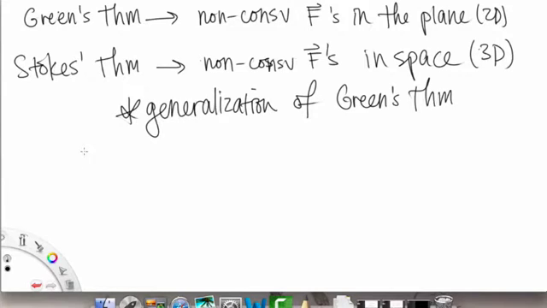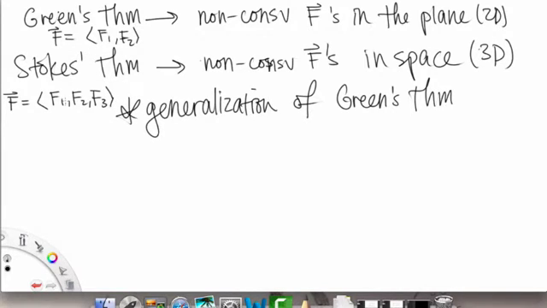As you'll see, in Green's theorem, we're dealing with the vector field being F1 and F2, right? And in Stokes' theorem, we're going to be dealing with a vector field with 3 components, so an F1, an F2, and F3.